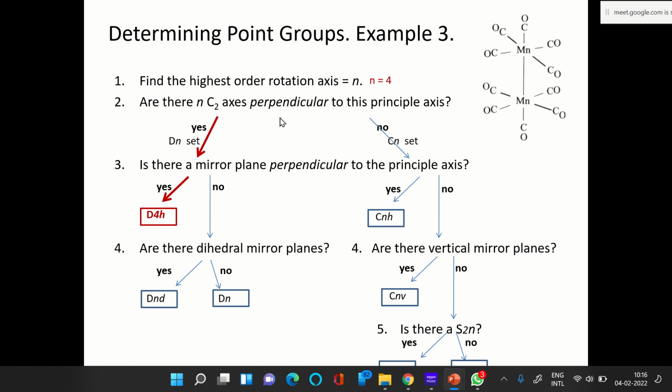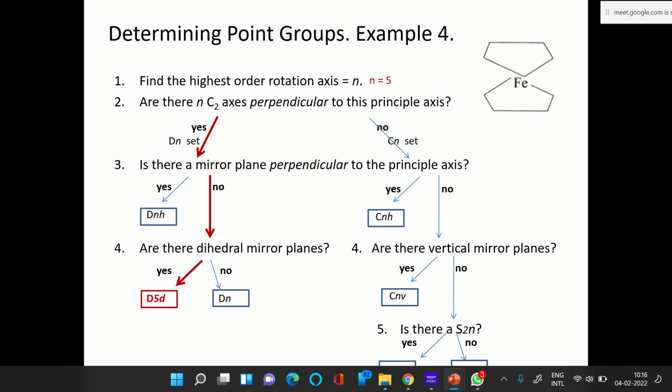Anyway, we are concerned with the structure only at this point. So you can find the highest order axis, n is equal to 4, cutting across this. N number of C2 axes perpendicular, yes. Is there a mirror plane? Yes. So it will be C4, and then horizontal, so D4h. This is how you have to do it.